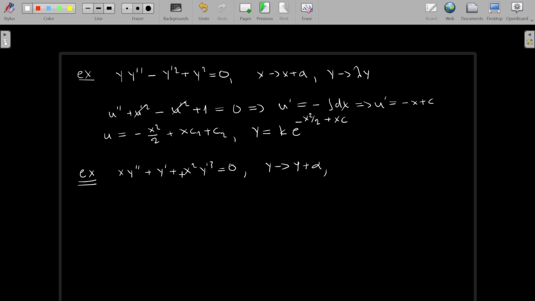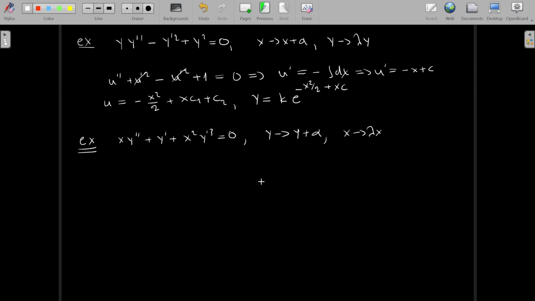And also there is a scaling of x, because this is 1 and this is minus 2, this is minus 1, this is minus 1, this is 2 minus 3, this is minus 1, so again there is a scaling of x. And you can go ahead and choose whichever thing you like, and it will get you to the same example.